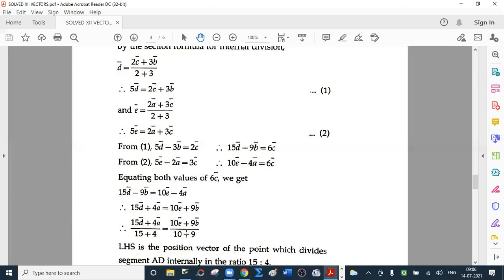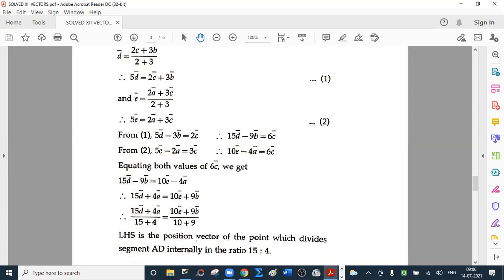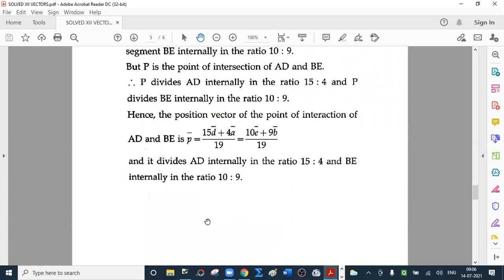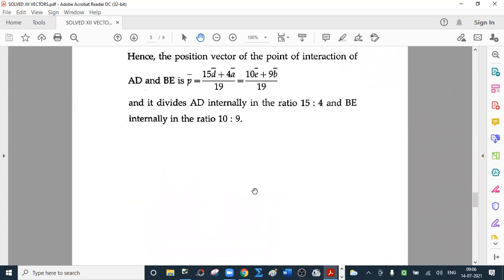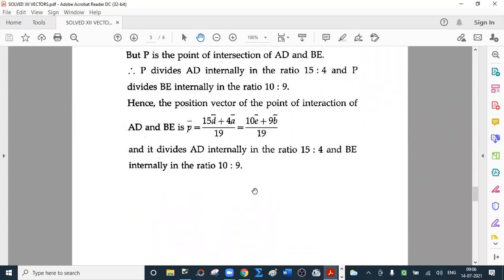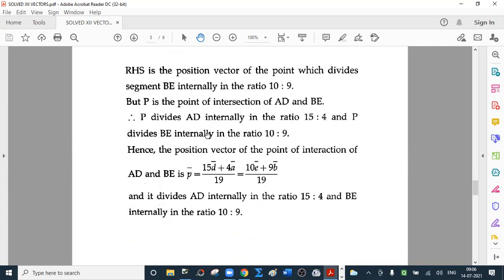Why? So that I can say that the left hand side is the position vector of the point which divides segment AD in the ratio 15:4, and the right hand side is the position vector of the point which divides segment BE internally in the ratio 10:9.